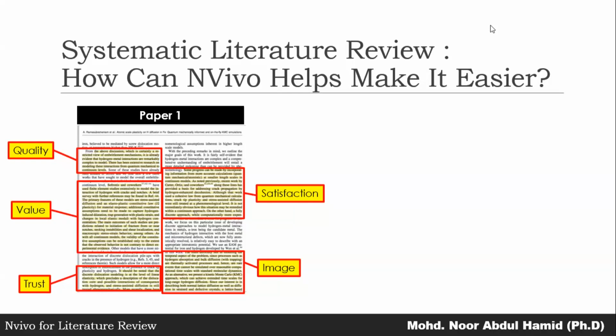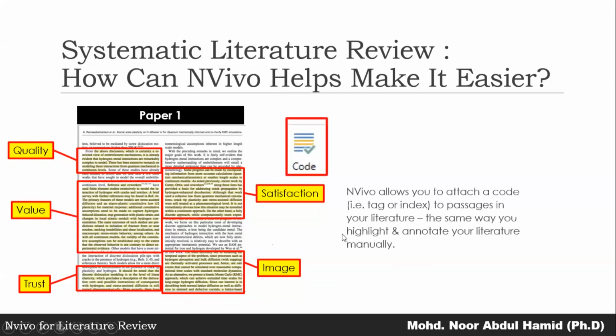So let's say you have one paper here, paper 1. What you can do is code the passages of the paper, and attach a code to each passage that you have read. For example, in this paper, this part I coded as quality, this part as value, trust, satisfaction, and so on. Then you will move on to the second paper and so on.